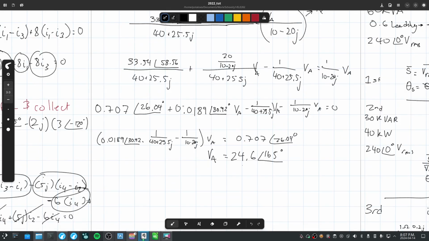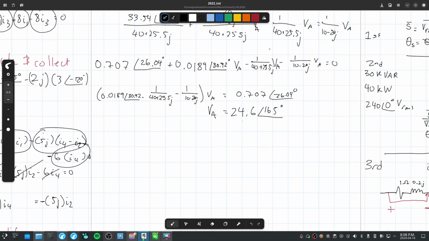I may have calculated this wrong. One second. 20 over 10 minus 20j over 40 plus 25.5j, 30.92.